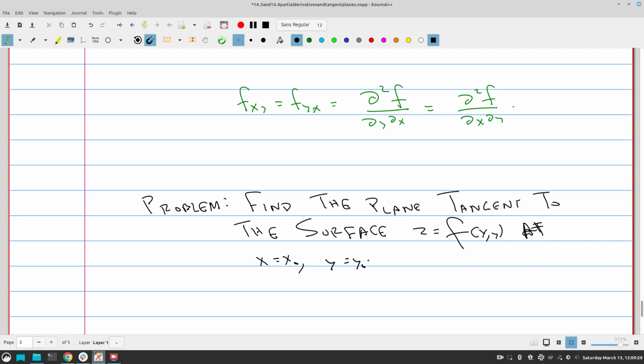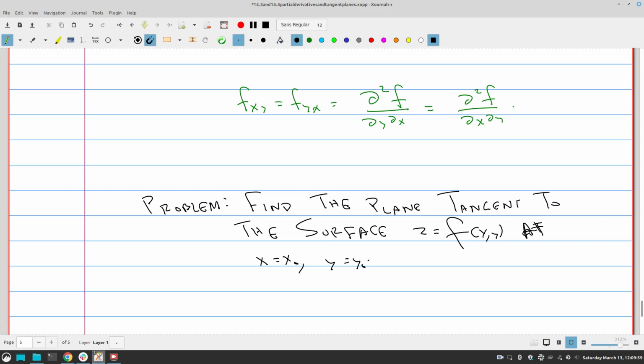We want to find a plane that is tangent to the surface. Now, one of the ways of finding the tangent plane is by determining a vector which is perpendicular to the plane. If we know a vector that is perpendicular to the plane, we could just dot it with a vector in the plane and set that equal to 0, and we get the equation of a tangent plane.